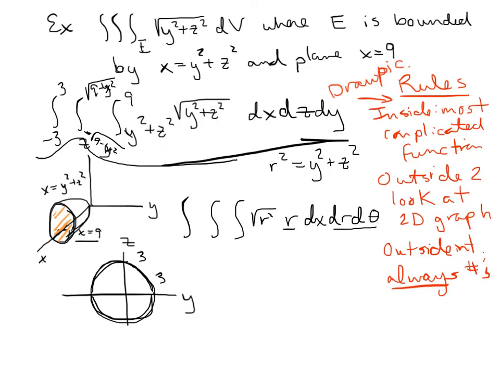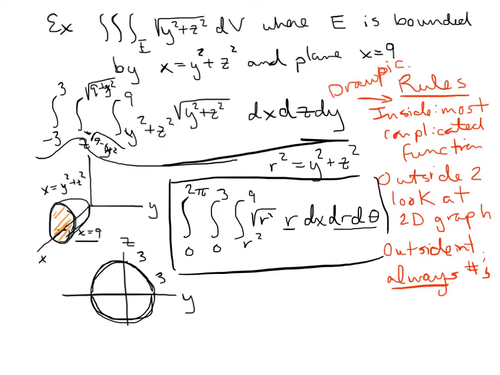The inner integral, y squared plus z squared is r squared. 9 will stay as 9. Now for the outer two, I'm going to look at this two-dimensional graph. The radius is going to go from 0 to 3 on that, and theta goes from 0 to 2 pi. And just notice how much simpler this integral is. So now this one you can solve, start with the x's, and integrate and work your way outwards.